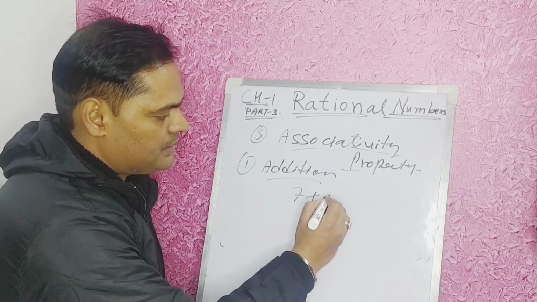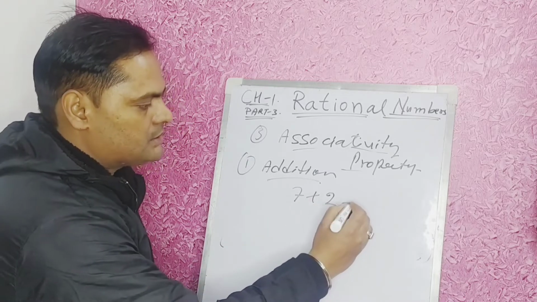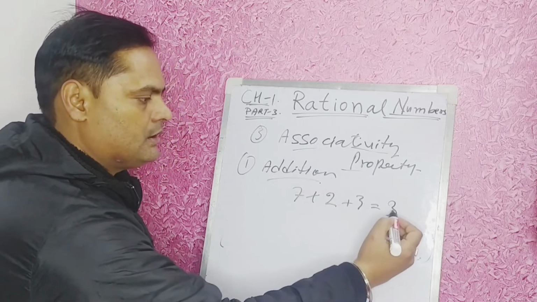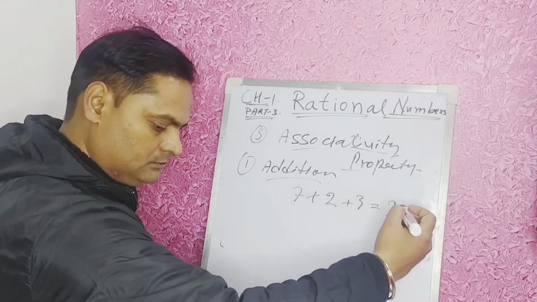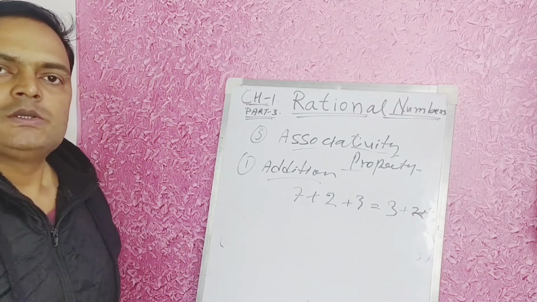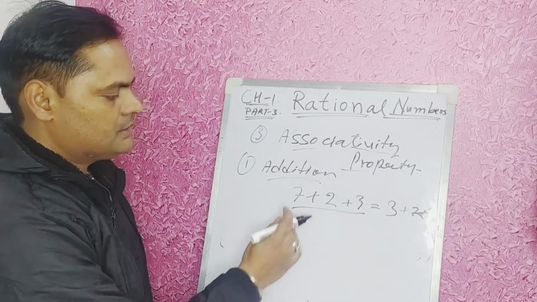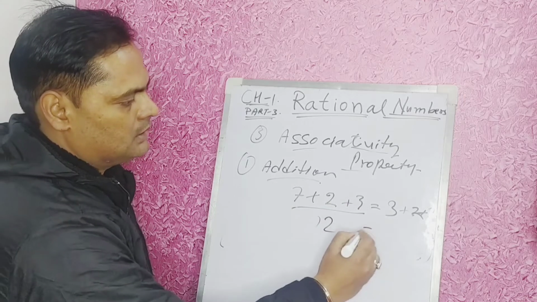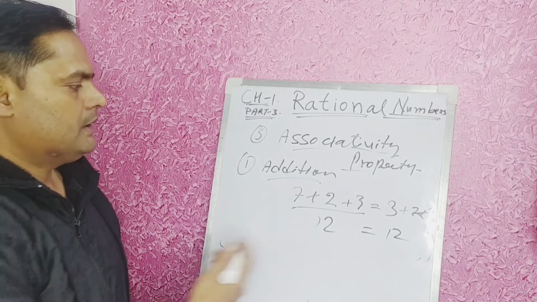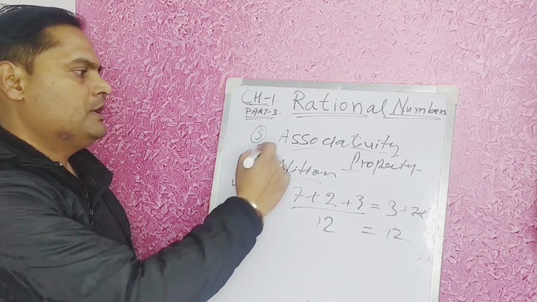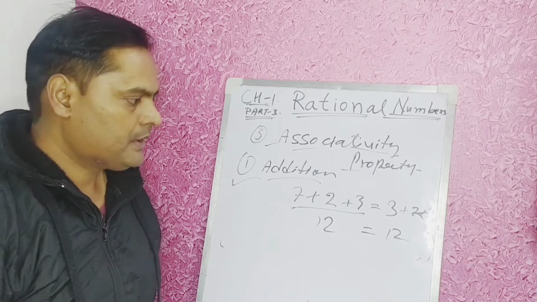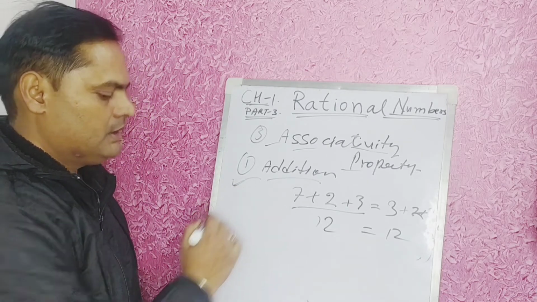It's like 7 plus 2 plus 3 equals, let's reverse it, 3 plus 2 plus 7. So here we have the result 12, and here we have the result 12. I think this condition is meeting the expectation of the associativity property, and here we have proof, yes.